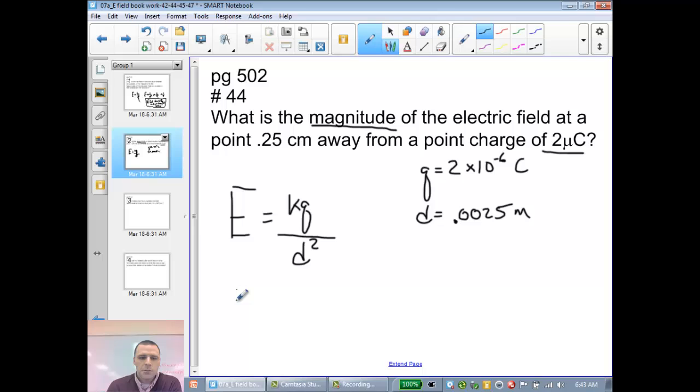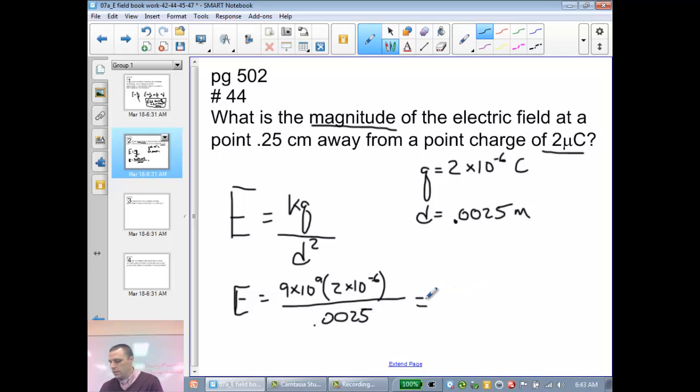Then I'll plug in the numbers. K is 9 times 10 to the 9th, and Q is 2 times 10 to the negative 6, divided by 0.0025. I'll do my calculation: 2.6 divided by 0.0025.